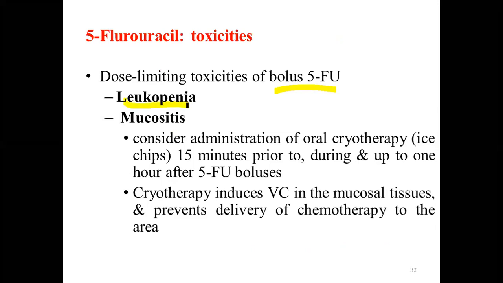The patient can develop leukopenia and mucositis. Because of the mucositis, it is advisable to consider oral cryotherapy or ice chips 50 minutes prior, during, and up to 1 hour. Why? The ice causes vasoconstriction, so it reduces the delivery of the chemotherapy to the mucosal areas. So that is one of the prevention strategies.